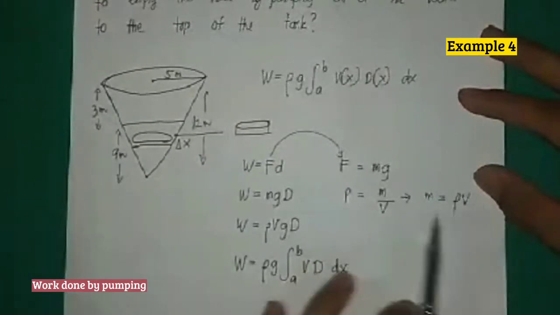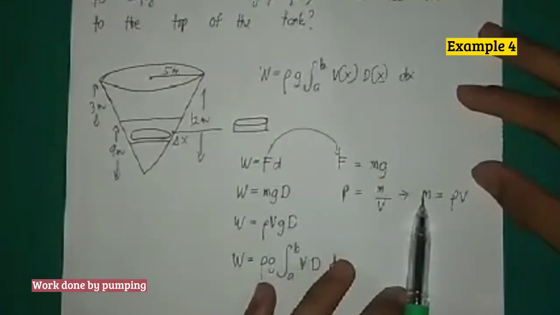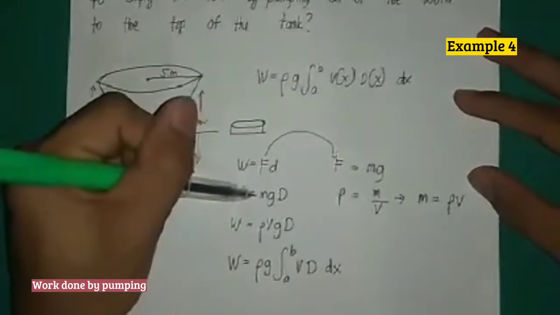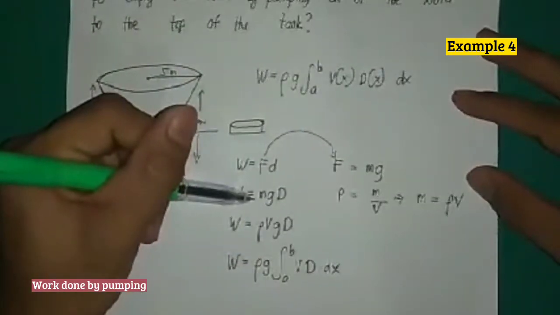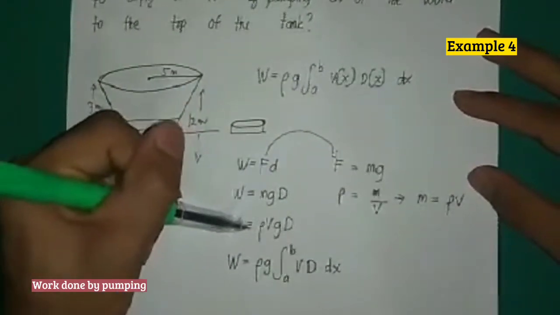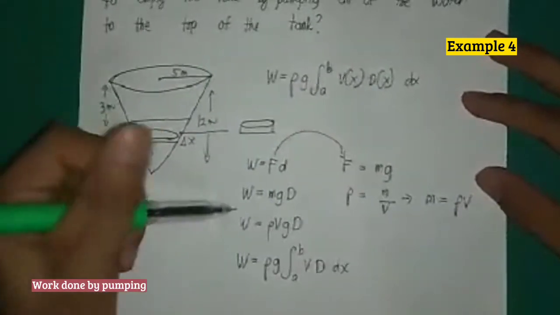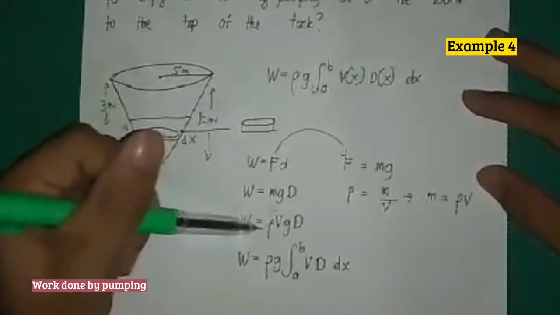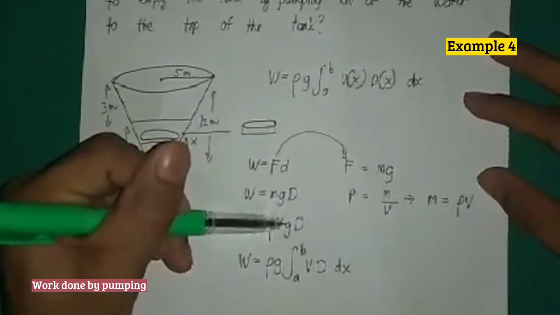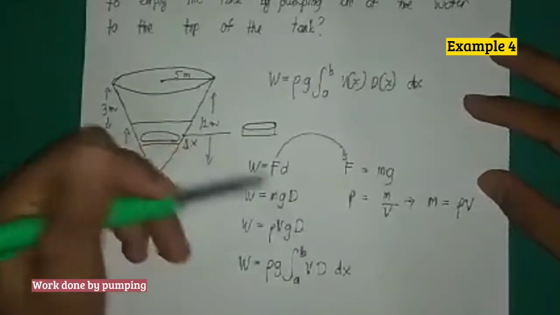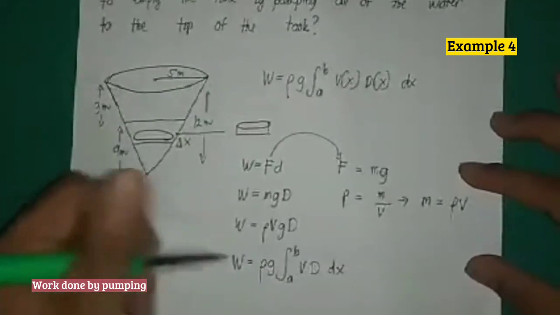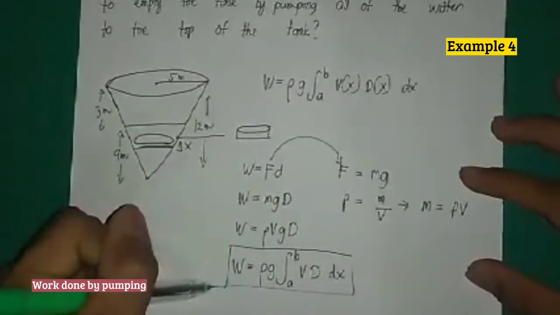So since we have another formula for mass, we change the mass in the formula into density times volume. So we get work is equal to density times volume times gravity times distance. So this is the final formula.